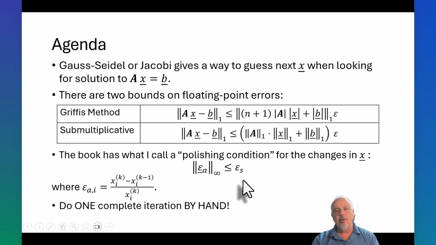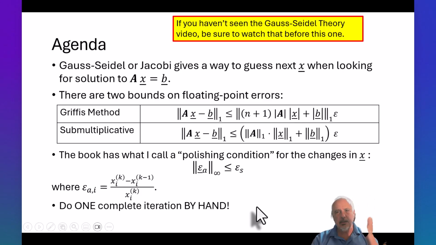This last one, the polishing condition, is a little bit arbitrary on what that E sub s might need to be. But we're going to look at one complete iteration by hand so you get a feel for what goes where in this whole idea. So if you haven't seen the Gauss-Seidel theory video, make sure you watch that first.